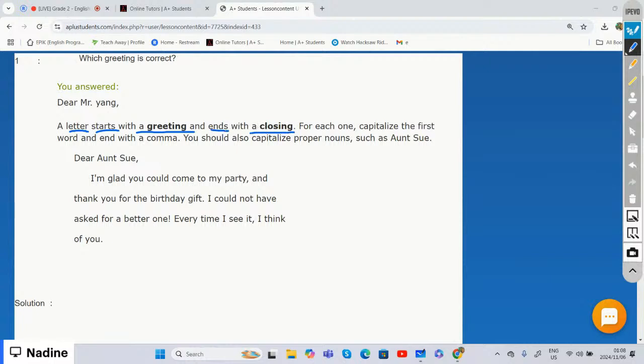Any letter, even if you send a message, even if you were to meet somebody for the first time, the first thing you're going to do is greet somebody. So a letter starts with a greeting, and a letter has an ending. We call that a closing.